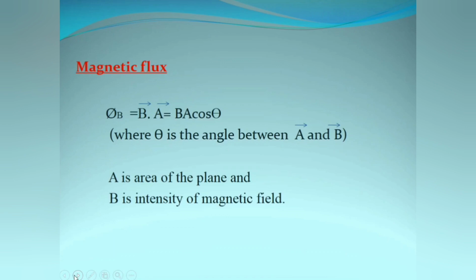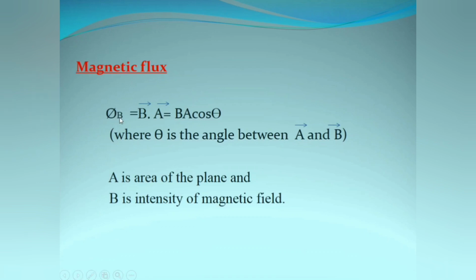And the next part is magnetic flux. It is similar to electric flux. Flux means flow. The number of magnetic field lines passing through the given surface area gives magnetic flux. So flux is generally denoted by the symbol Φ.